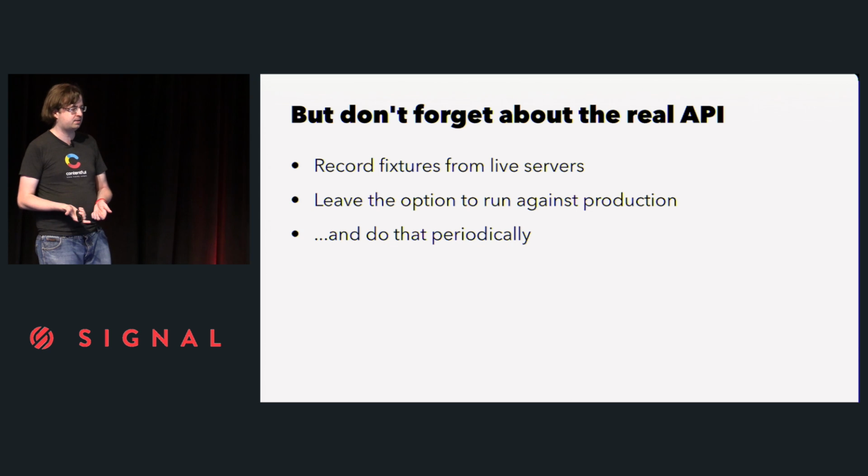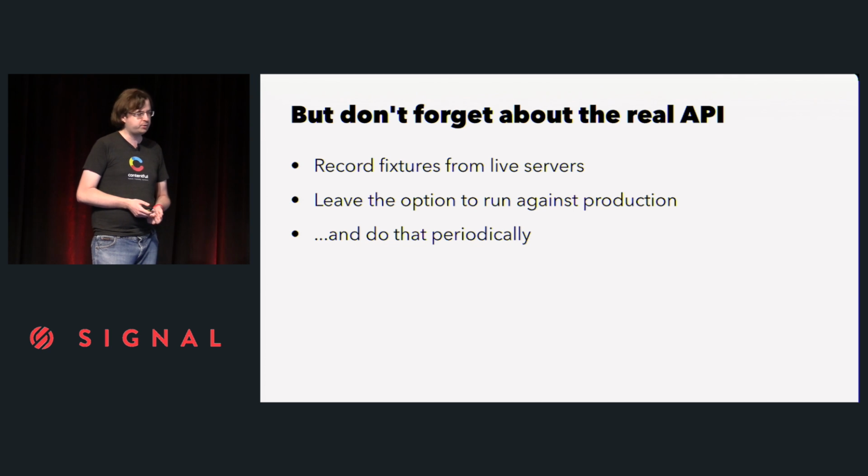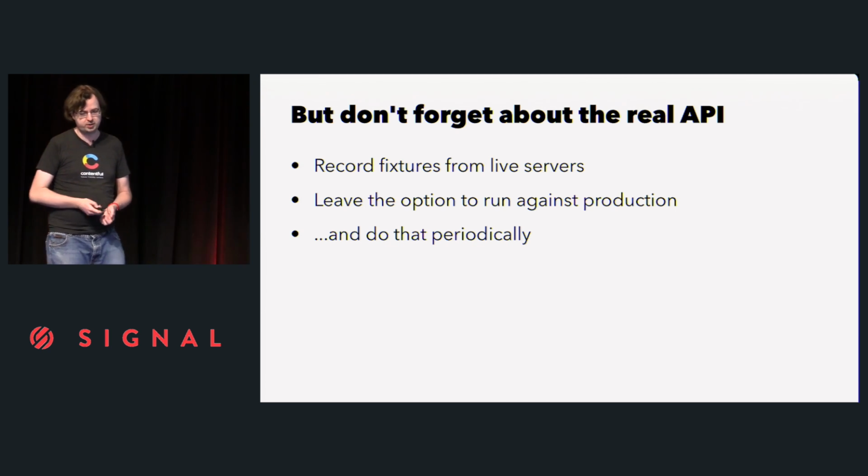If you're writing the tests and you have written the API client, you will make the same mistakes in the tests that you made in your API client. So I would recommend recording the fixtures from a live server and also have the option there to run against production again and do that periodically to actually check if your API client not only works against some recorded responses, but also against the real API still.